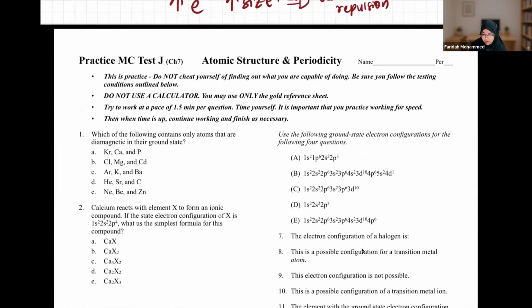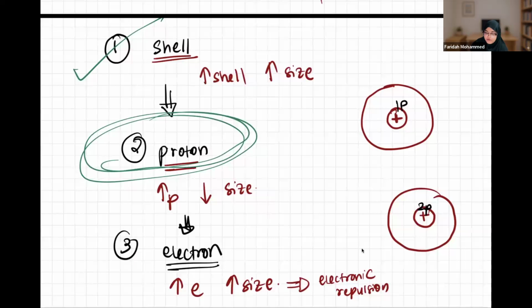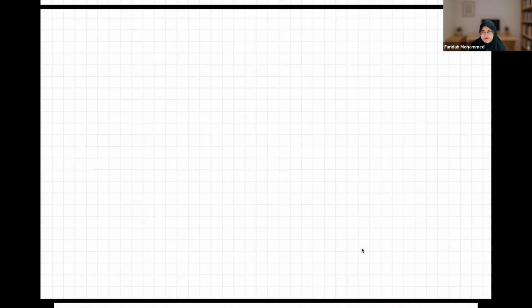Now, we want to learn another periodic trend. For example, what is electronegativity? What is electronegativity?